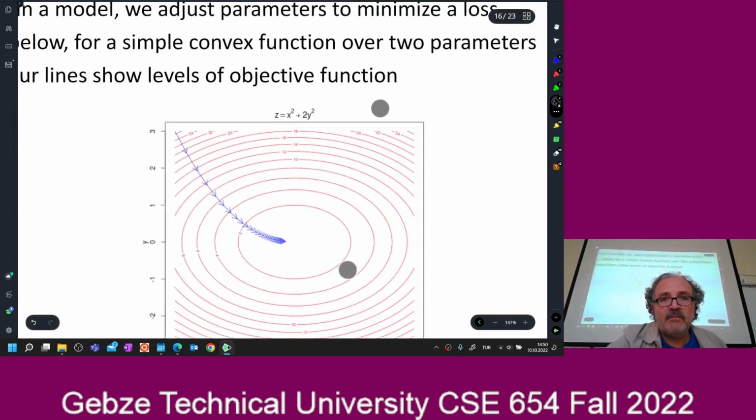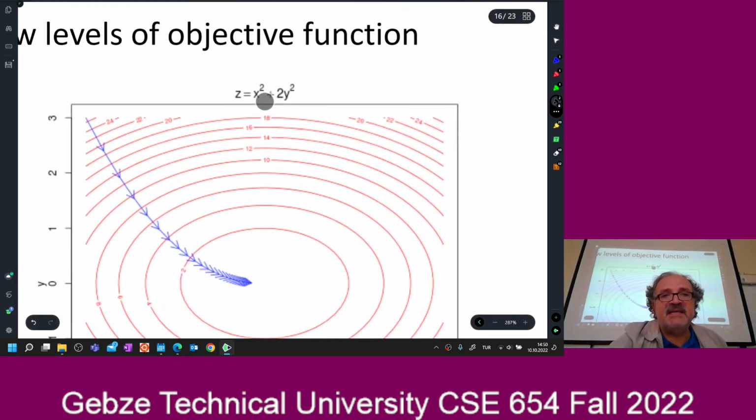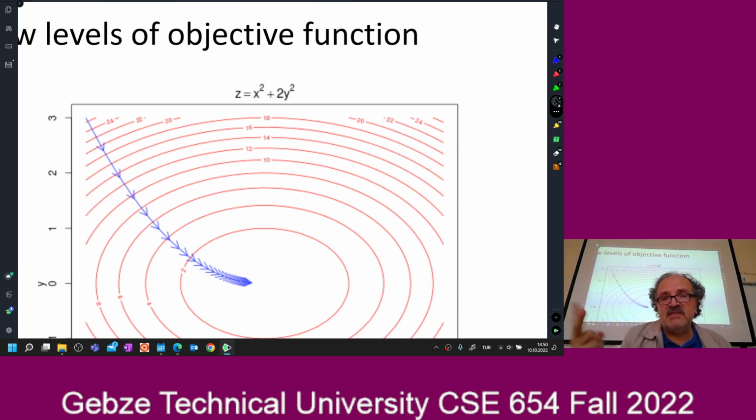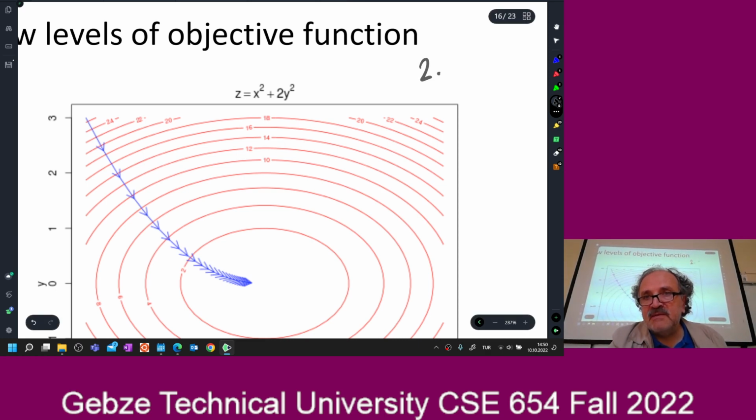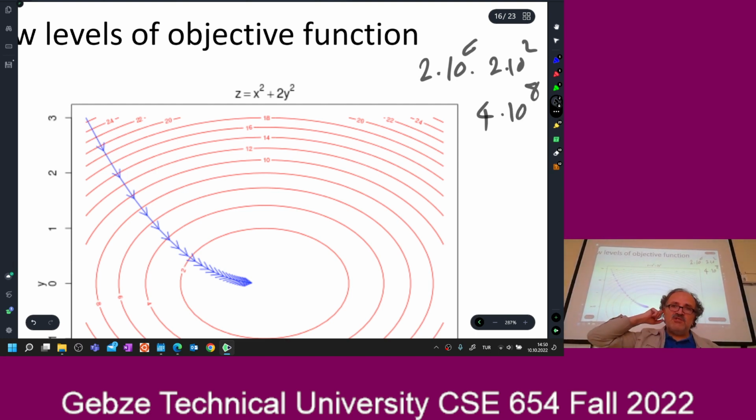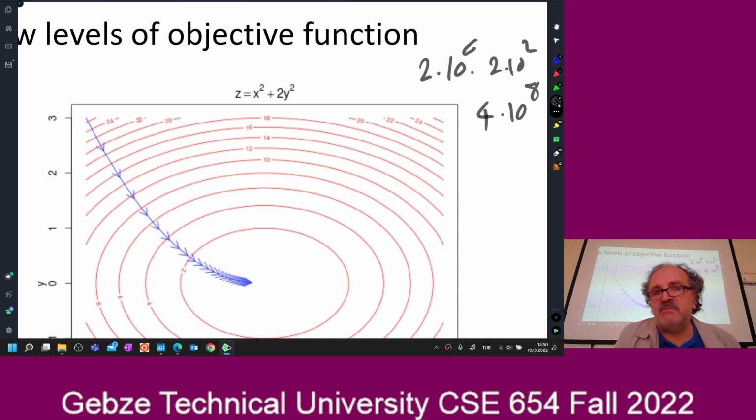I had 2 times 10 to the power 6 times 2 times 10 to the power 2. This is 200. So it is 4 times 10 to the power 8. That's 400 million parameters in my case.